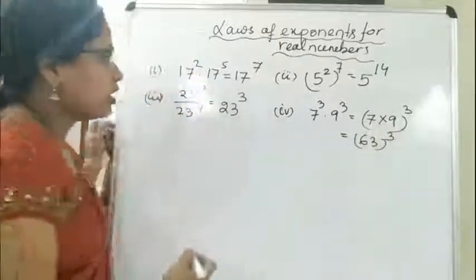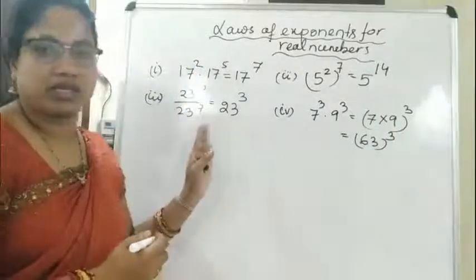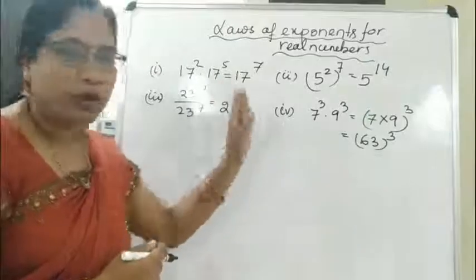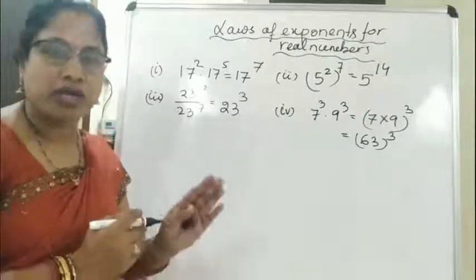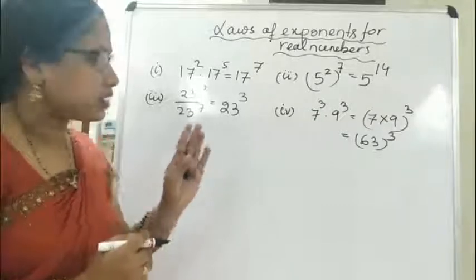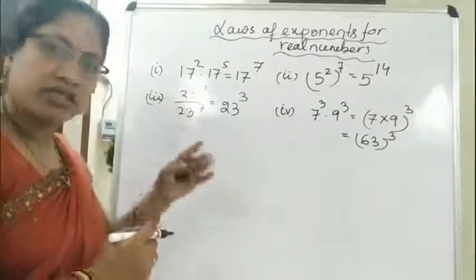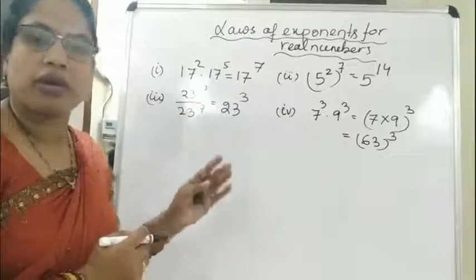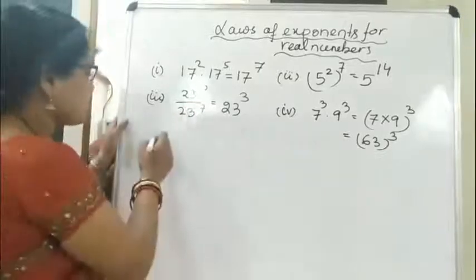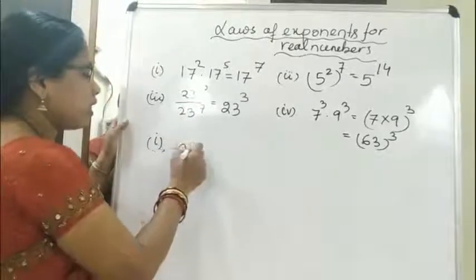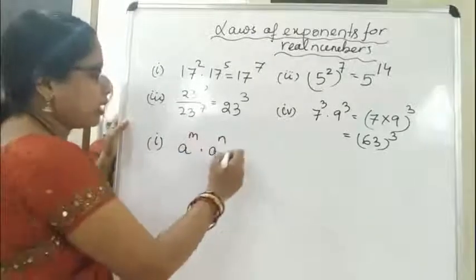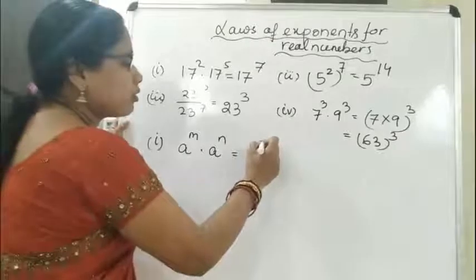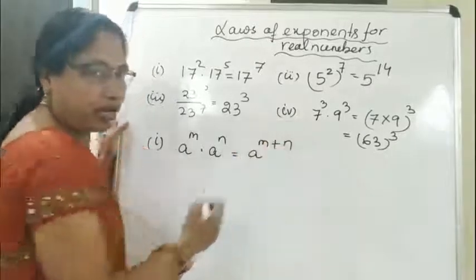So in all the cases, to simplify each problem, we are using the laws of exponents that you have learned in earlier classes. So let us discuss those laws of exponents. The first law is a to the power m multiplied with a to the power n is equal to a to the power m plus n.